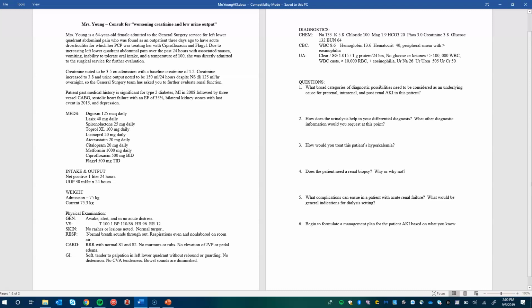Intoxications, doesn't seem like this fits her picture, but O, overload. So she had pulmonary edema, elevated JVP, extra heart sound, peripheral edema, needing lots of oxygen, that she would need urgent dialysis.